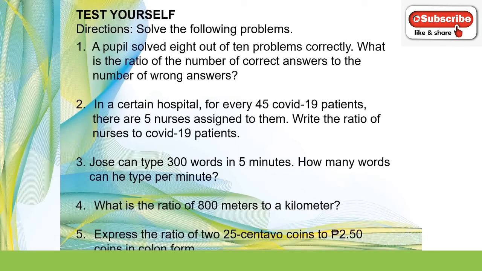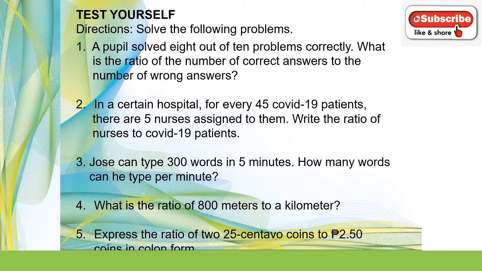Number 1. A pupil solved 8 out of 10 problems correctly. What is the ratio of the number of correct answers to the number of wrong answers? Number 2. In a certain hospital, for every 45 COVID-19 patients, there are 5 nurses assigned to them. Write the ratio of nurses to COVID-19 patients.